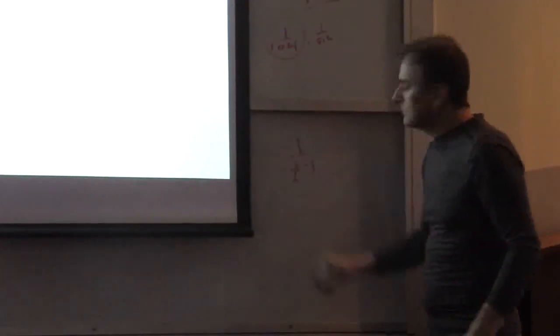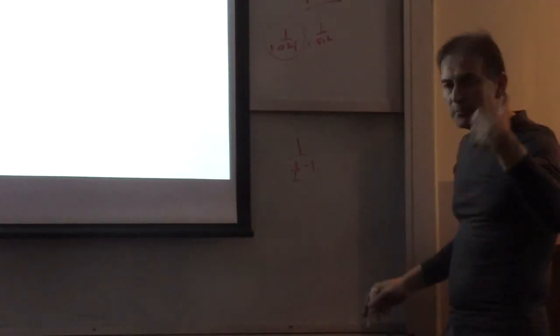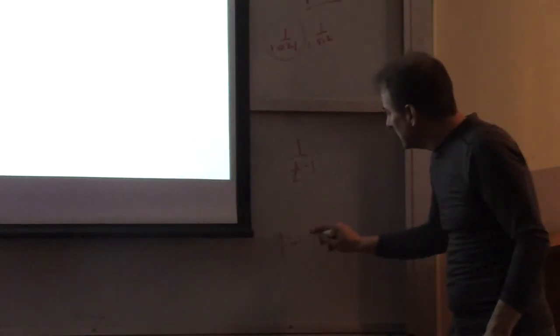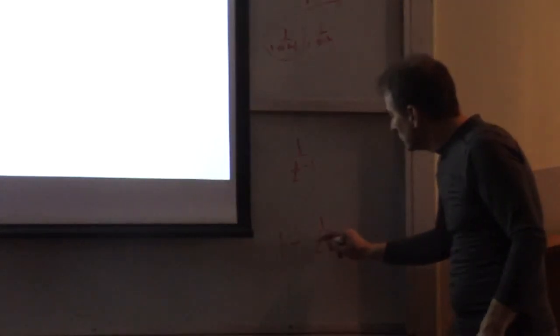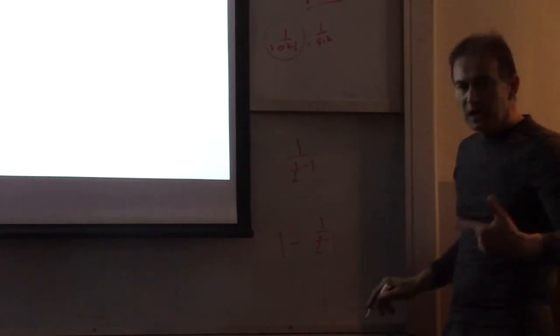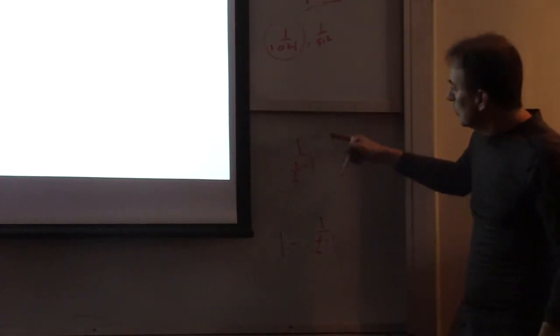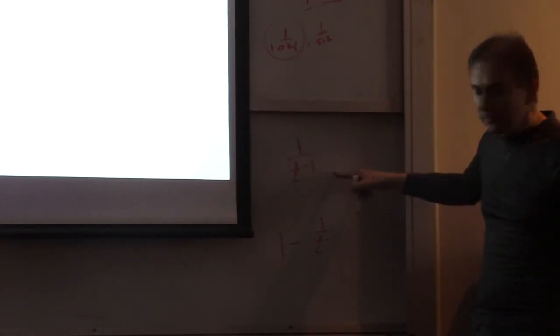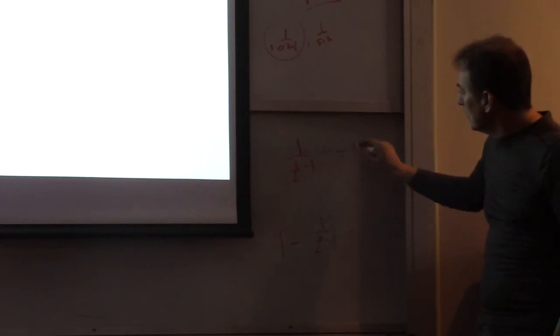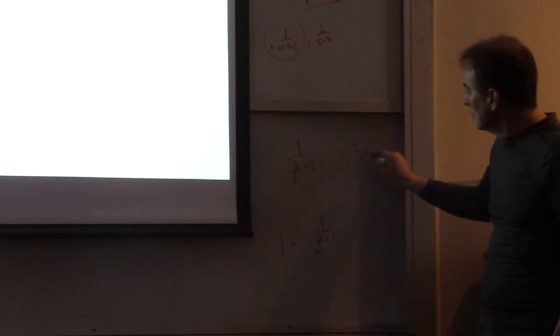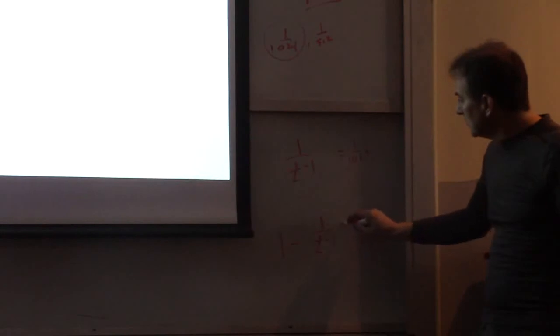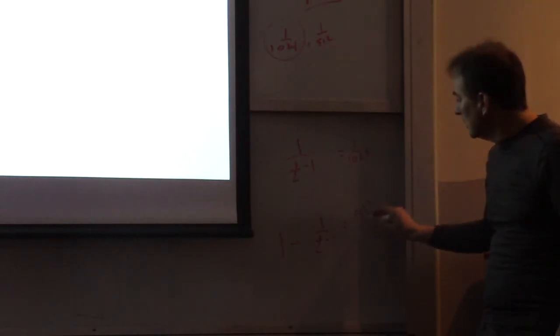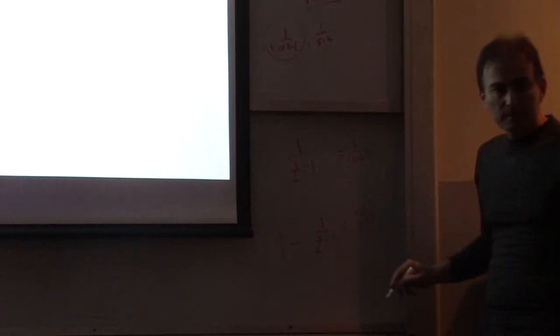That's the probability of matching, correct? But the probability of not matching is 1 minus 1 over 2 to the k minus 1. So when k is equal to 10, this is 1 over 1023, and this is equal to 1022 out of 1023, correct?